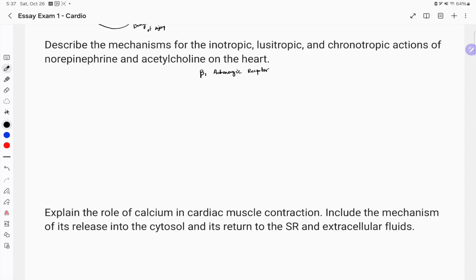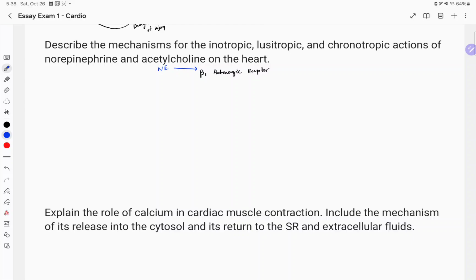So, let's see if I can remember. We're going to have norepinephrine binding to these beta 1 adrenergic receptors on cardiomyocytes.